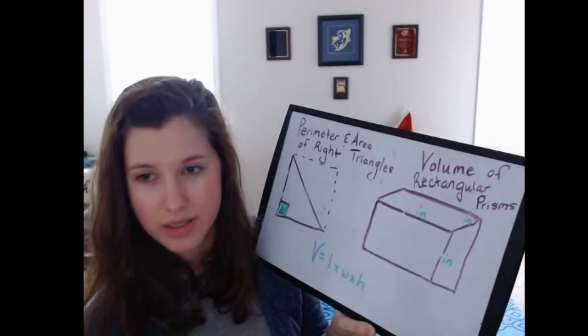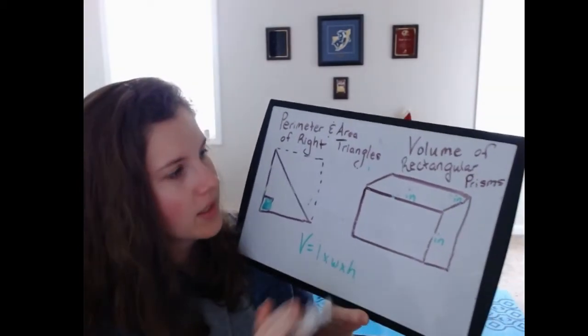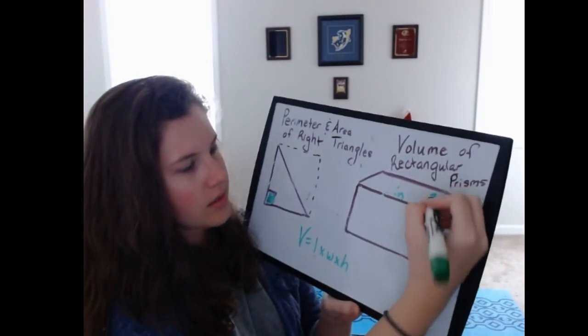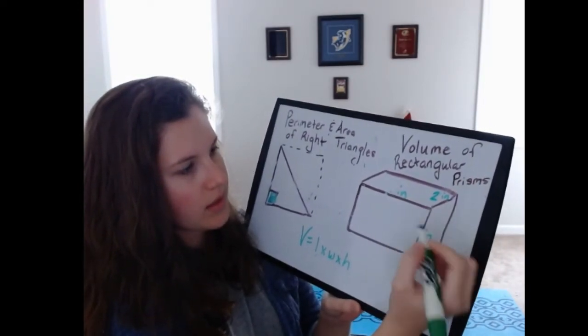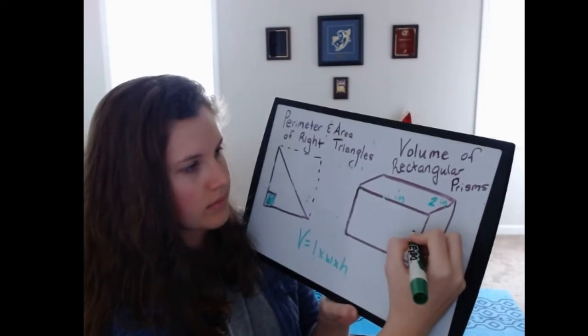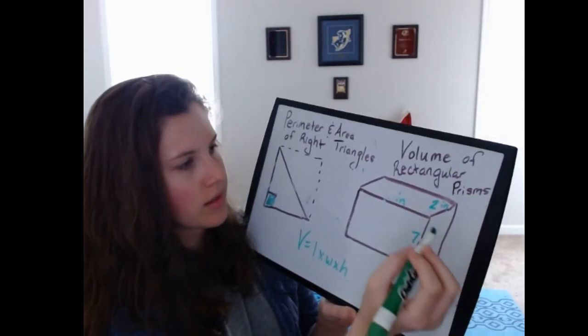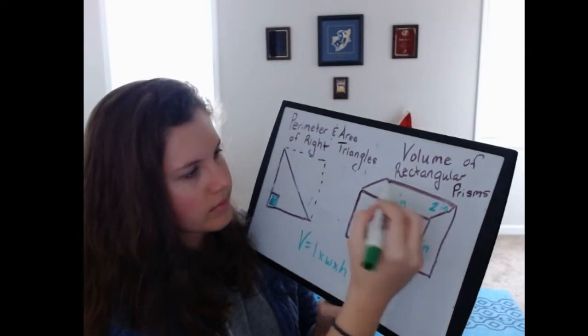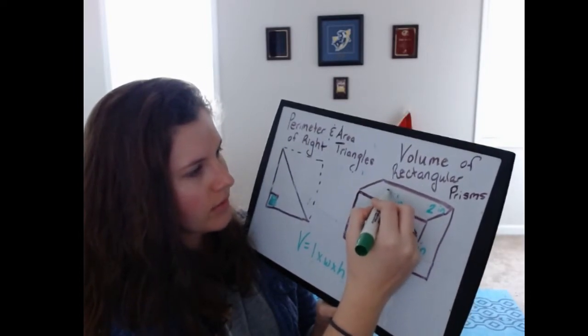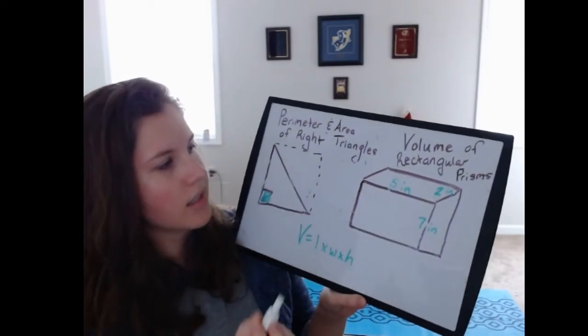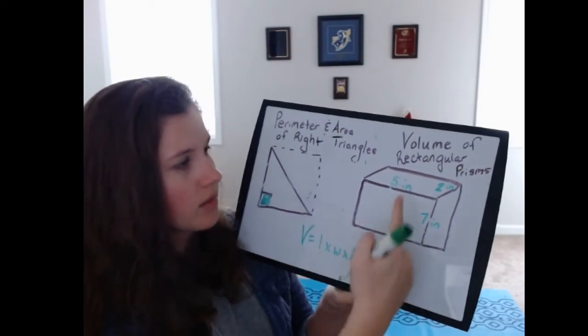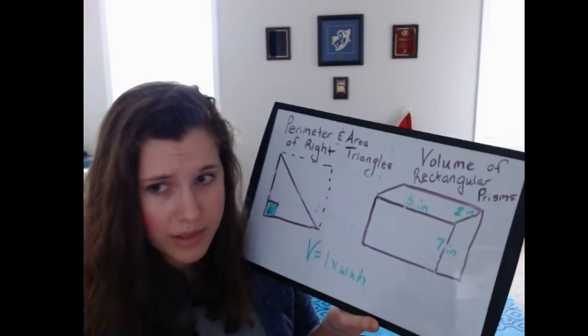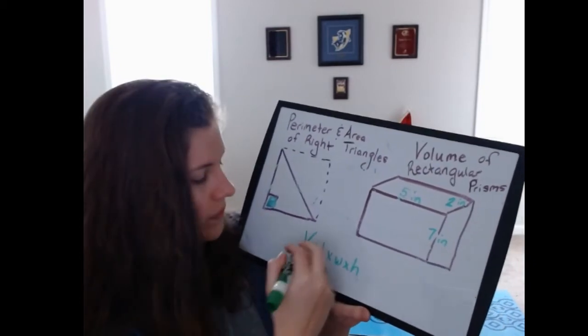Okay, I'm erasing some of my lines, but it's gonna be okay. So let's say that this is 2 inches. This is 7 inches, and this is, I don't know, 5 inches. So we got length times width times height. And it really doesn't matter what order you multiply them in, whatever makes the most sense for you.